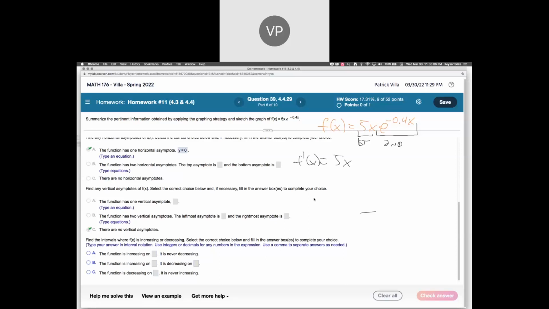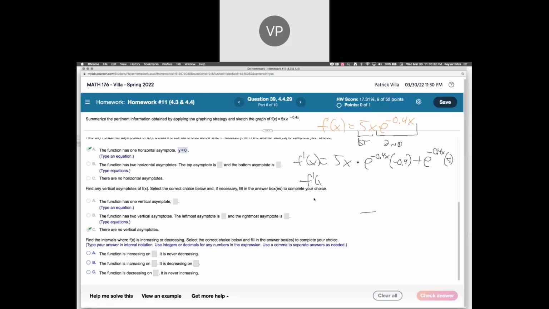So I leave the 5x by itself, and then the derivative of this is e to the negative 0.4x times negative 0.4 for the chain rule. And then we leave that as it was and multiply it by the derivative of 5x, which is just 5.